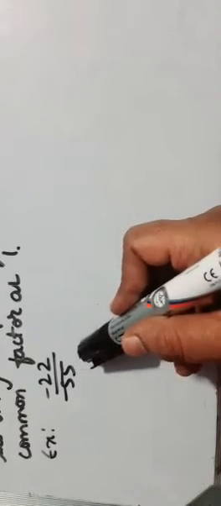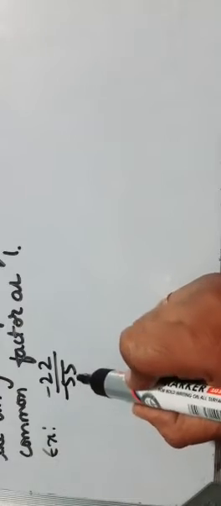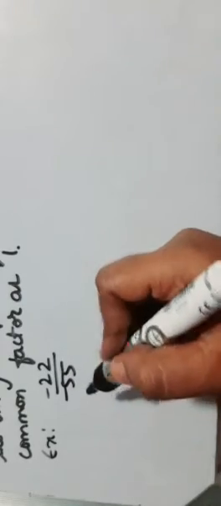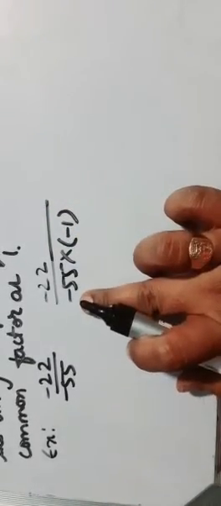Children, to understand more about the standard form of the rational number, here I have taken one more example, that is minus 22 by minus 55. Here you can observe the denominator is having negative sign and 22 by 55 is not in its simplest form. So the first step what I do is I take the given rational number minus 22 by minus 55 and I multiply with minus 1 in the denominator so that I make positive 55.